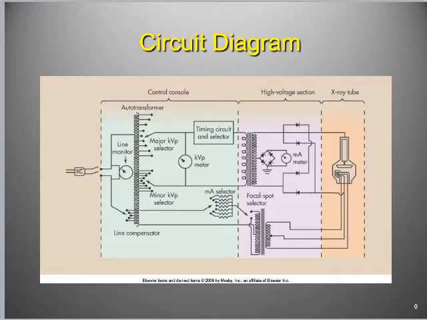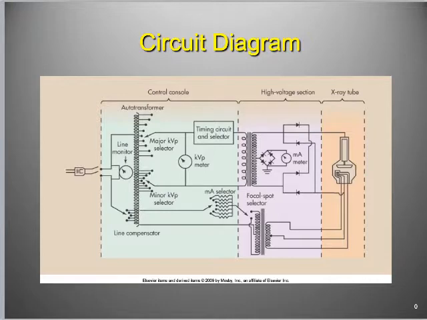The honeymoon suite for me is the smaller room, and the presidential suite is the larger room. In the honeymoon suite, you actually have two different dials on the KVP side. You have a KVP major selector and a KVP minor selector. So the KVP major selector and the KVP minor selector are wired up to the auto transformer.